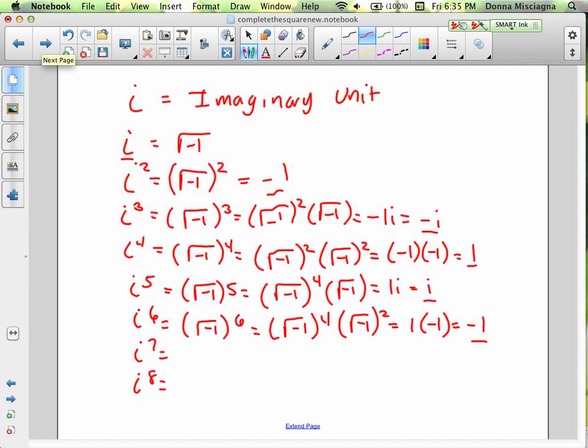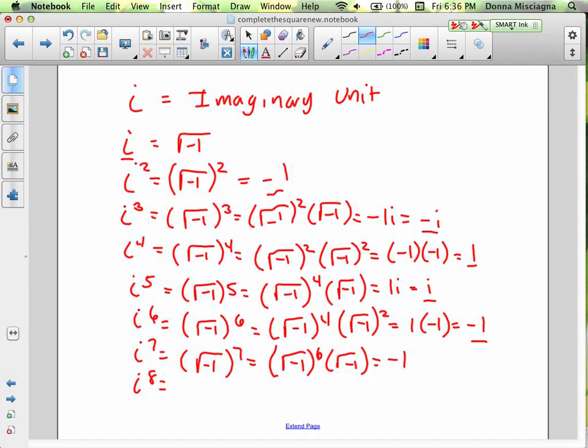All right, so i to the 7th, well, that would be the same as the square root of negative 1 to the 7th, which is the same as the square root of negative 1 to the 6th times the square root of negative 1, because 6 plus 1 is 7. The square root of negative 1 to the 6th, we learned, was negative 1.